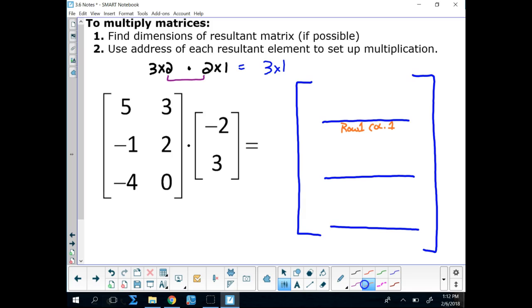The address of this element is row 2, column 1.